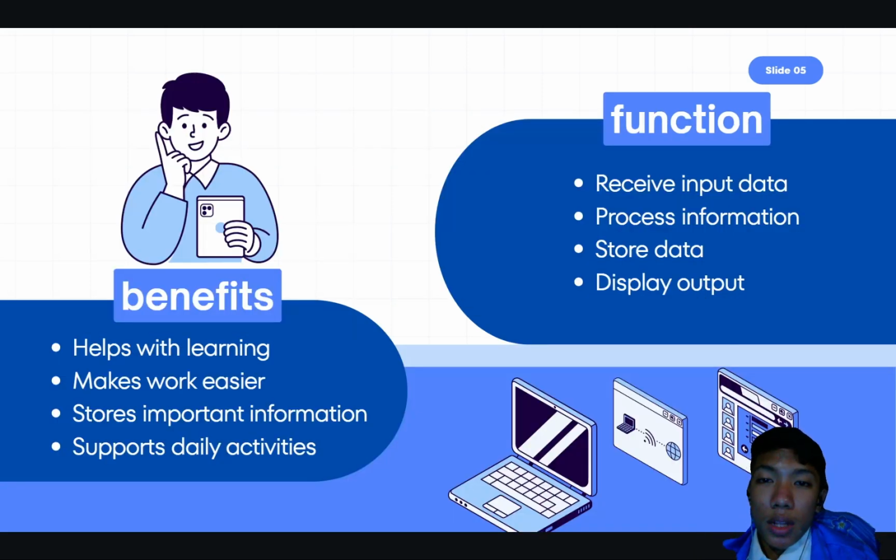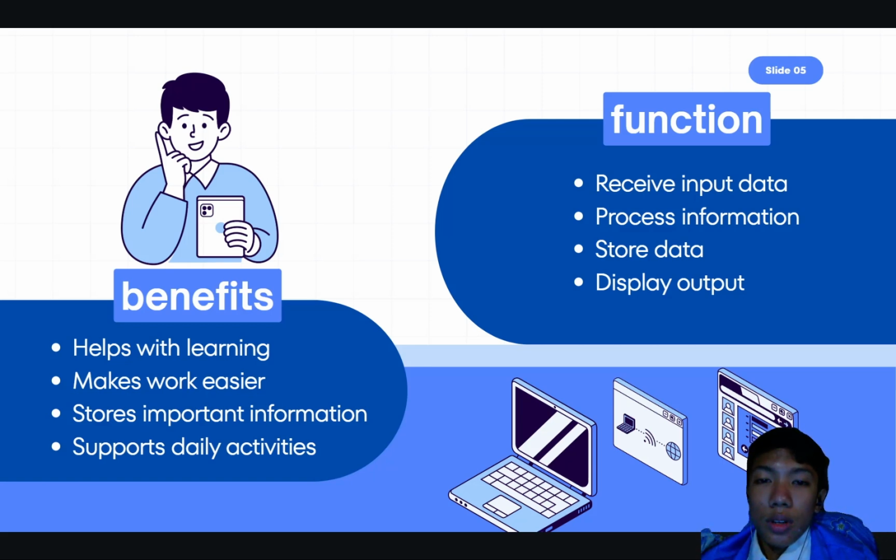Function and benefit. Computer hardware has many important functions. It receives input from users, processes information, stores data, and produces output. Every hardware component contributes to the overall operation of the computer. Hardware also provides many benefits in our daily life.